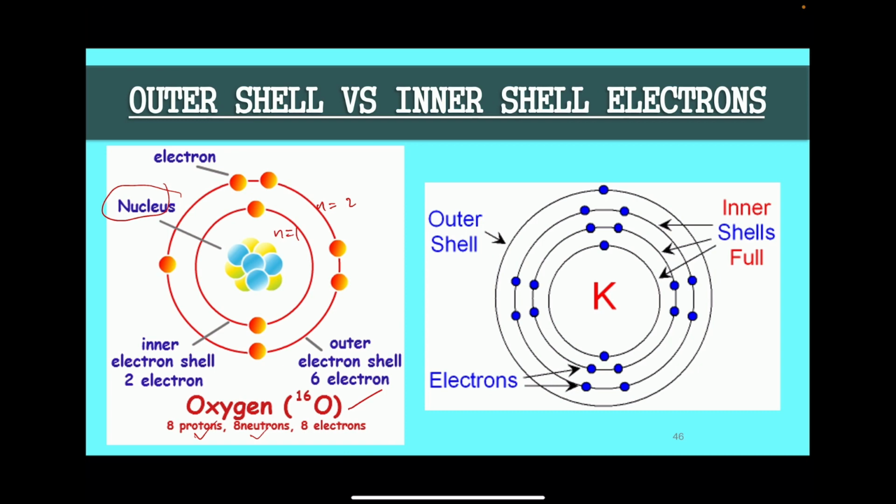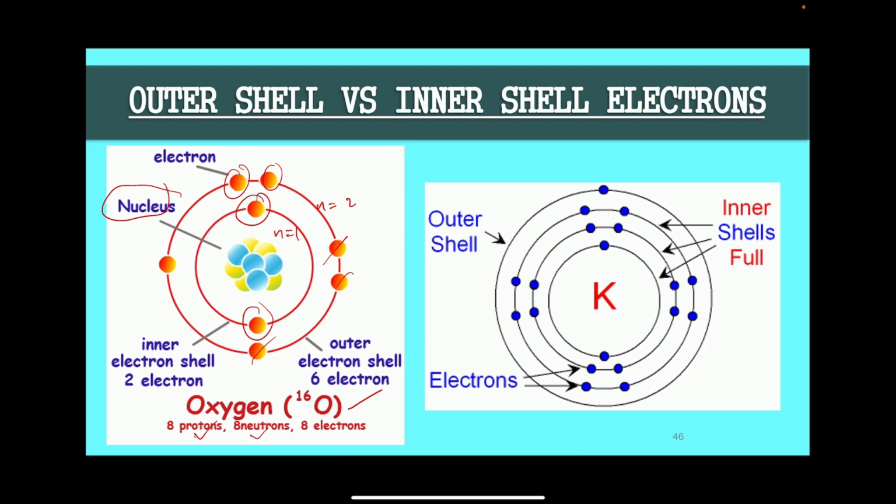In inner shell, we have only 2 electrons, and this electron we call it as inner electrons. And for outer electrons in N2, kita ada 1, 2, 3, 4, 5, 6 electrons known as outer electrons. This is how to determine the inner and outer shell electron.